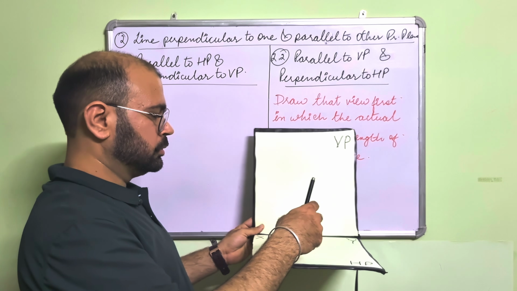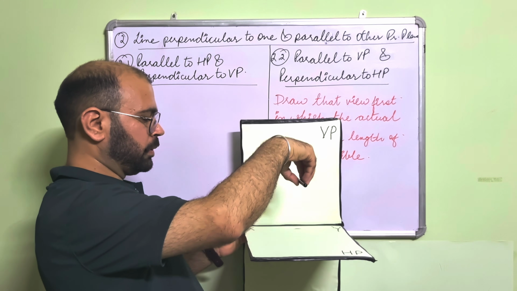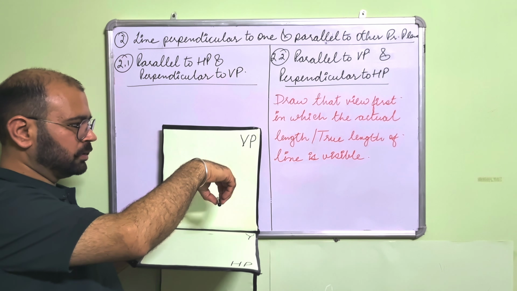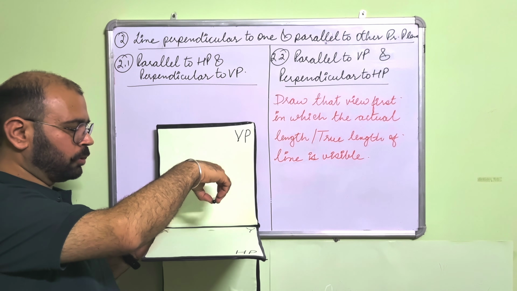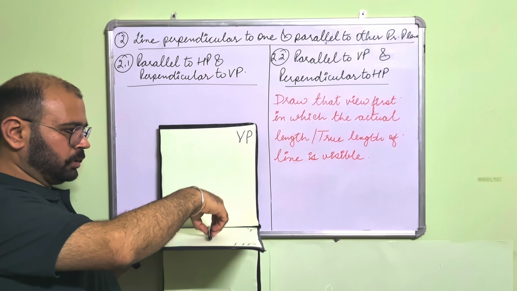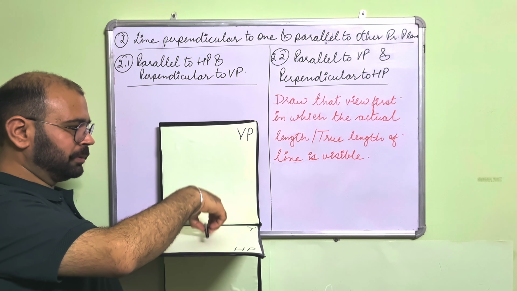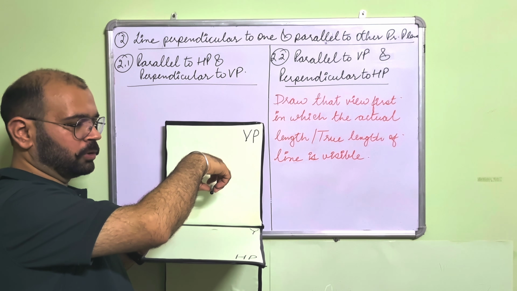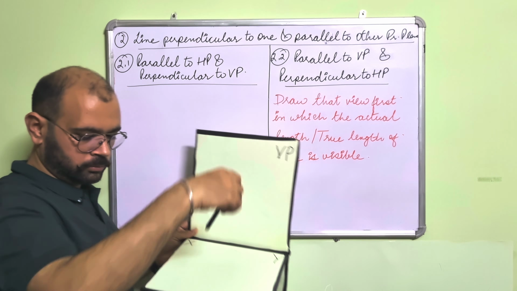In this case, when it is perpendicular to VP and parallel to HP, the actual length is visible from the top, so we will draw the top view first and then proceed to draw the front view.